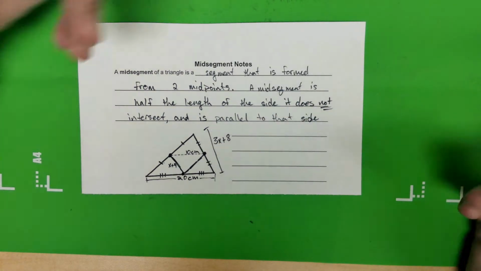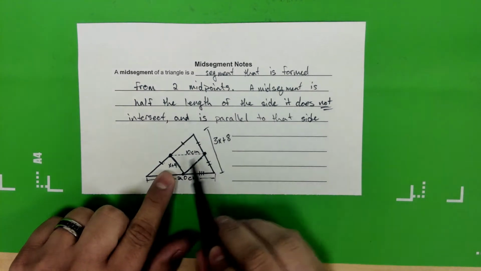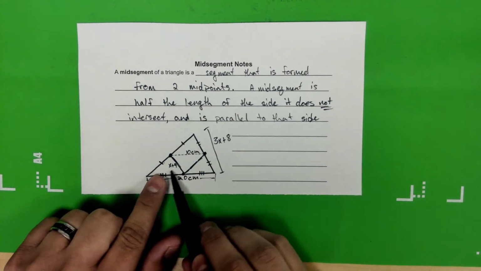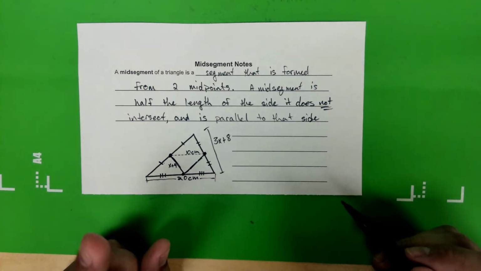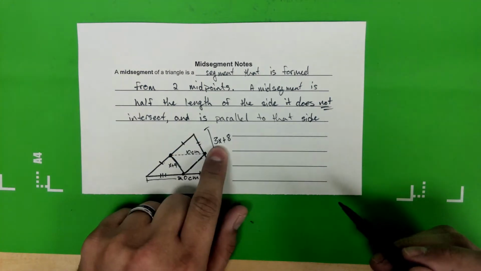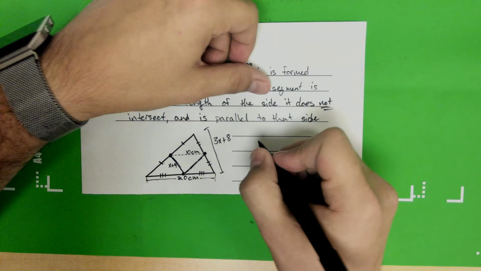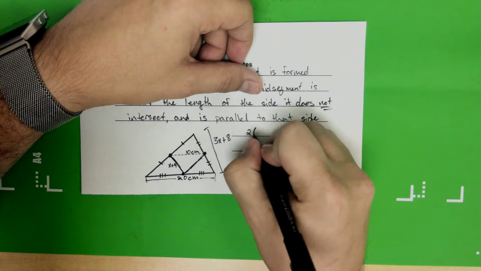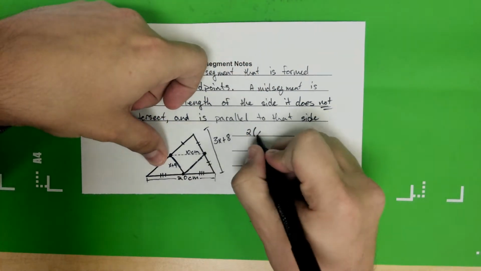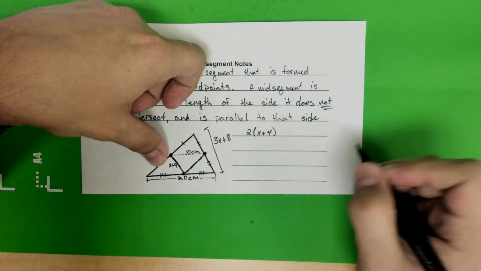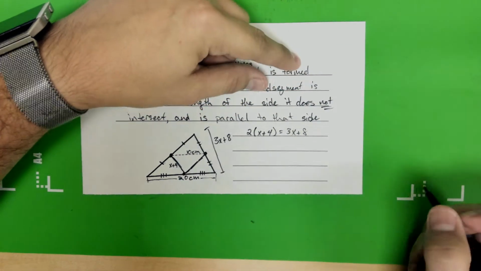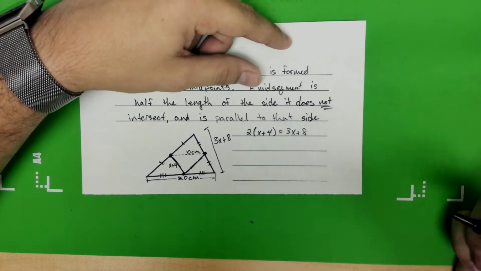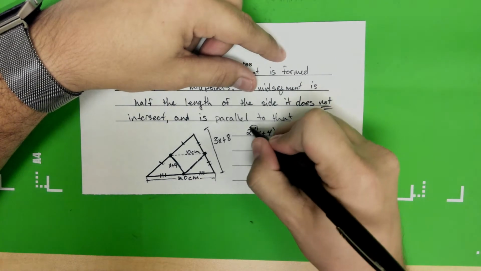To solve for x, we take our small part, our mid-segment, multiply it by 2, and set it equal to this. So I'm going to write 2 times (x plus 4) equals 3x plus 8. First step is to distribute.